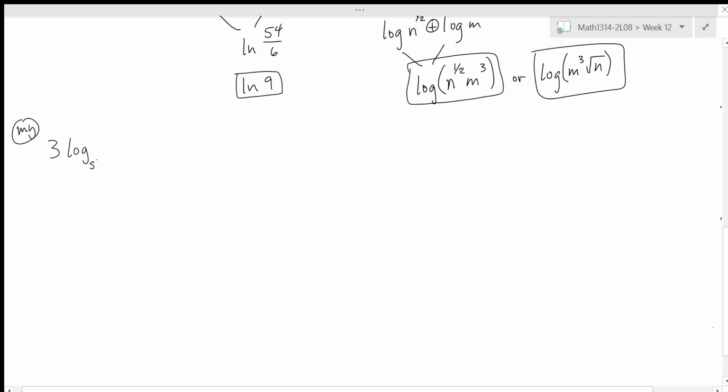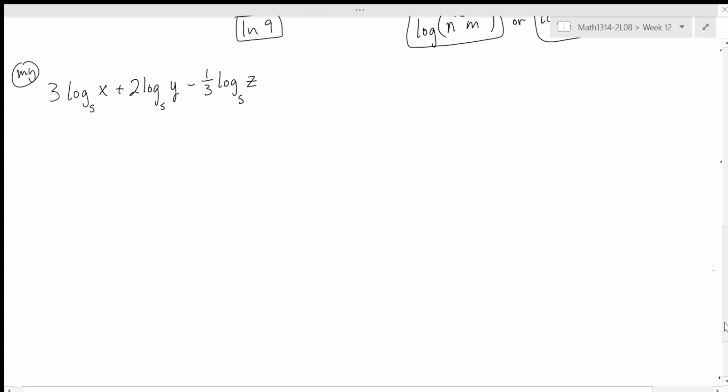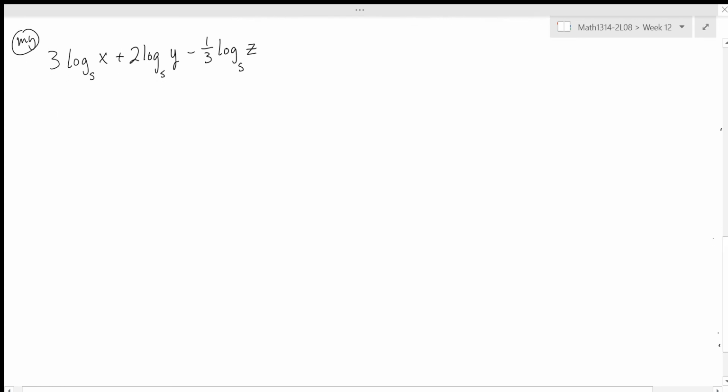S. Log base S of x plus 2 log base S of y minus 1/3 log base S of z. There we go. That's a good proper test question right there. You could see that on the next test.